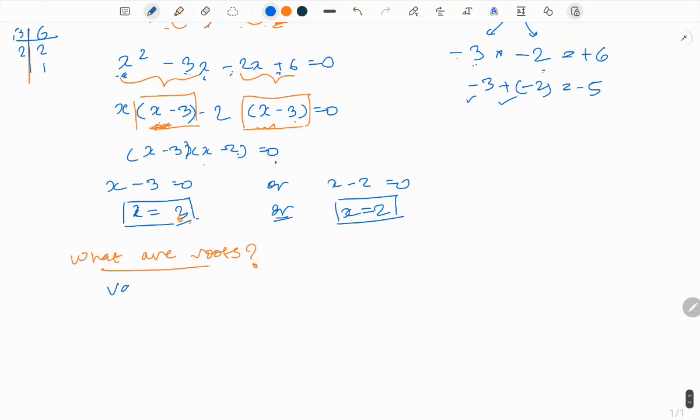So roots are values at which the equation is equal to 0. Or we can also write this as function is equal to 0. For the higher terms, we can express it as function is equal to 0. So what does this represent graphically?